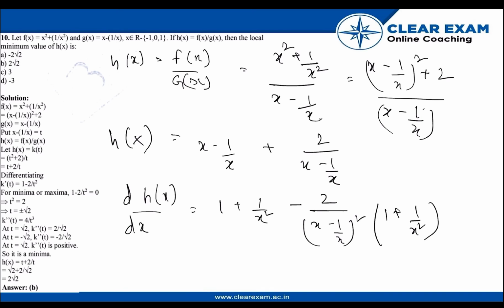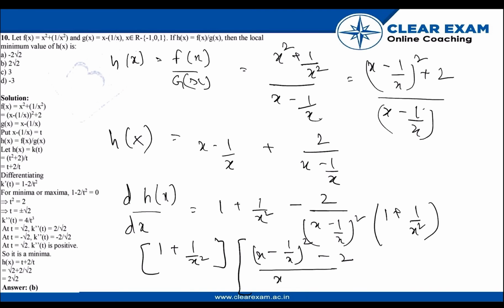So now we are going to simplify this equation a little bit. First we have (1 + 1/x²) in a bracket, (x − 1/x)² minus 2 upon (x − 1/x)².